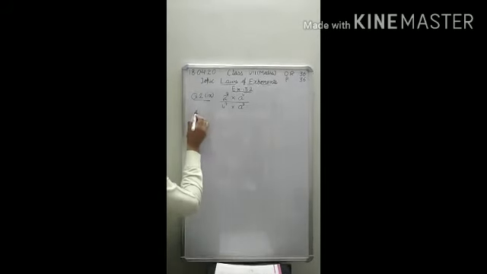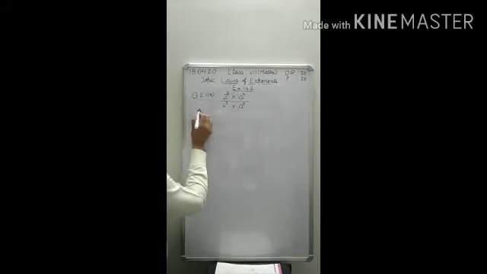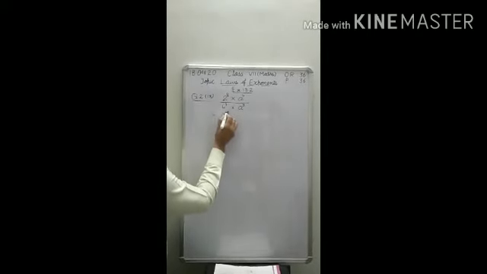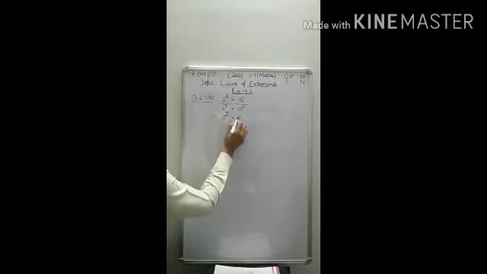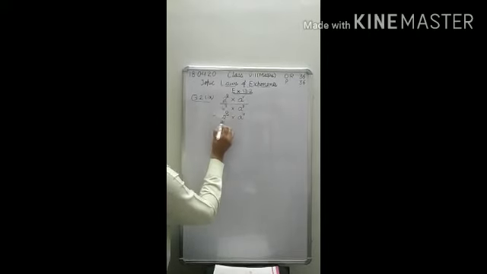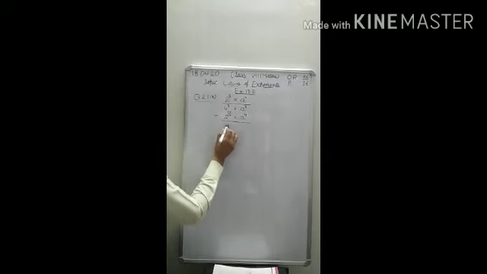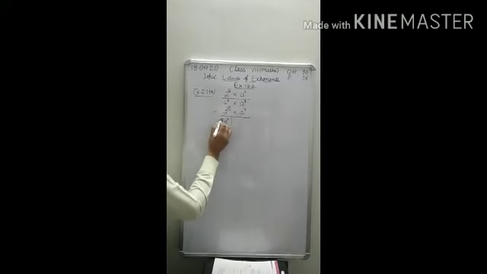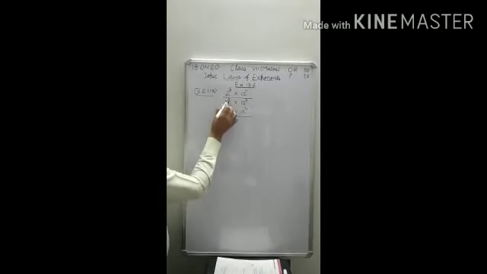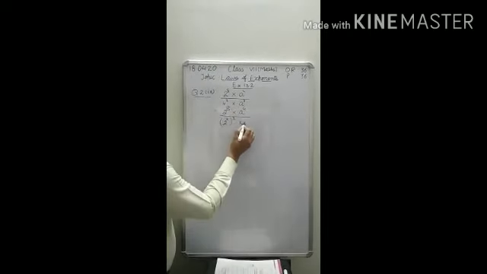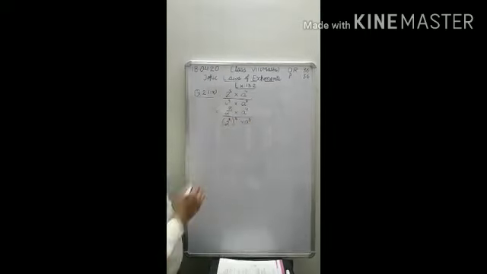We can write it as 2 raised to the power 8 into a raised to the power 4 upon 4, and this 4 can be written as 2 raised to the power 2, whole raised to the power 3. The power of a will remain as it is, into a raised to the power 3.